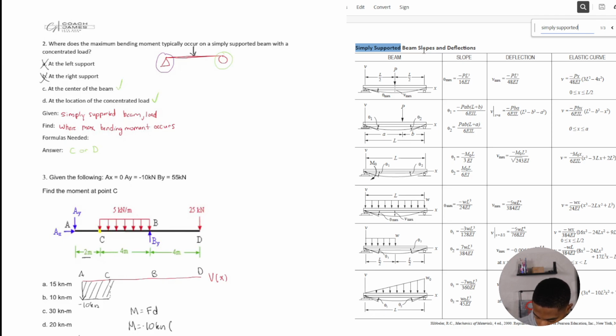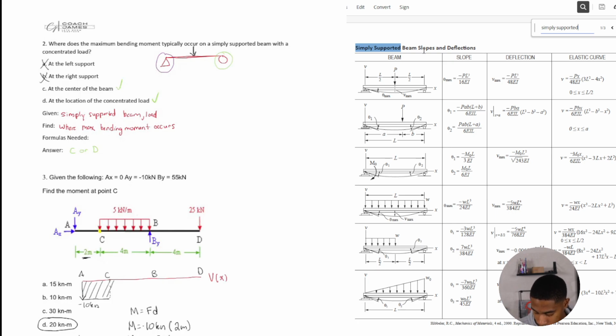Well, it's distance 2 meters. So my moment underneath the shear in the shear diagram is going to be equal to -20 kilonewton meters, and that is going to be D.